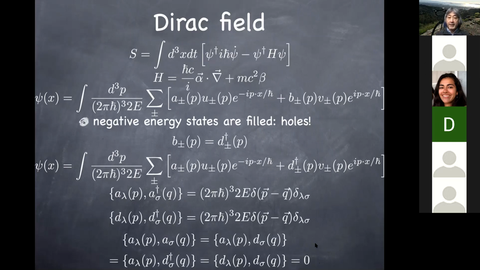So now we define the vacuum or ground state by annihilating it with the annihilation operator for particles, and also annihilating it with the complex conjugate of this, the D dagger annihilation operator. And then you find a state where all the negative energy states are now occupied.